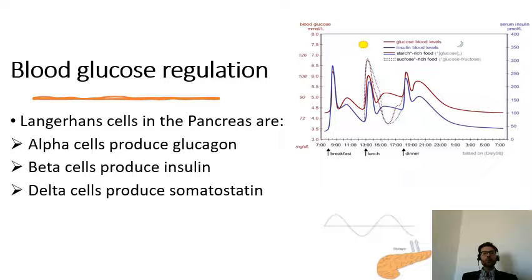I would start by explaining the function of insulin. Look at this figure here. In the human body, when we eat meals, let's suppose three main meals, breakfast, lunch, and dinner, we have a significant rise in blood glucose as a result of these meals.